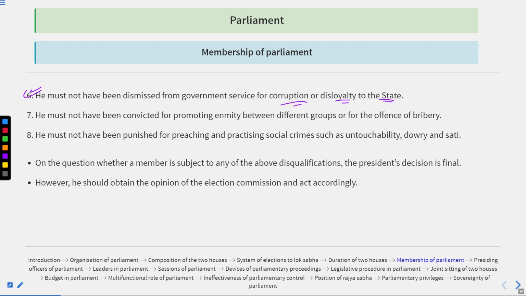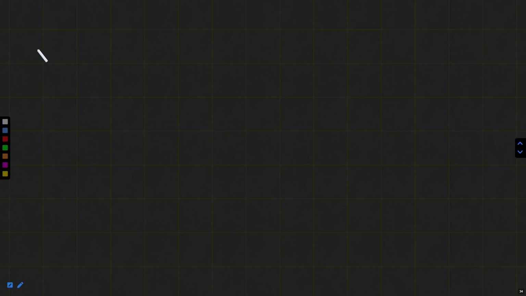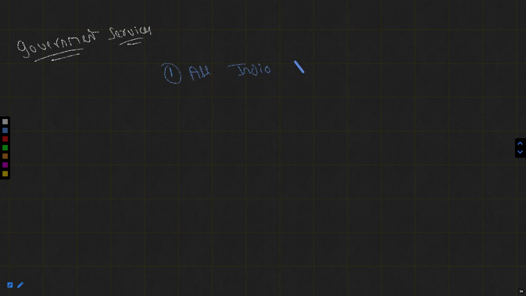If we talk about government services, there are three divisions: all India services, central government services, and state government services.